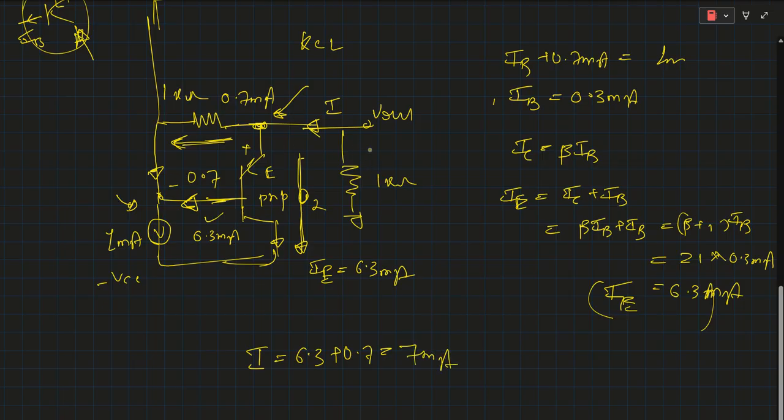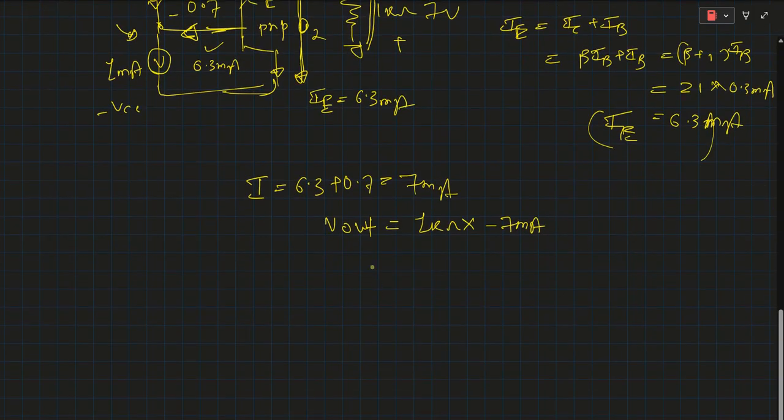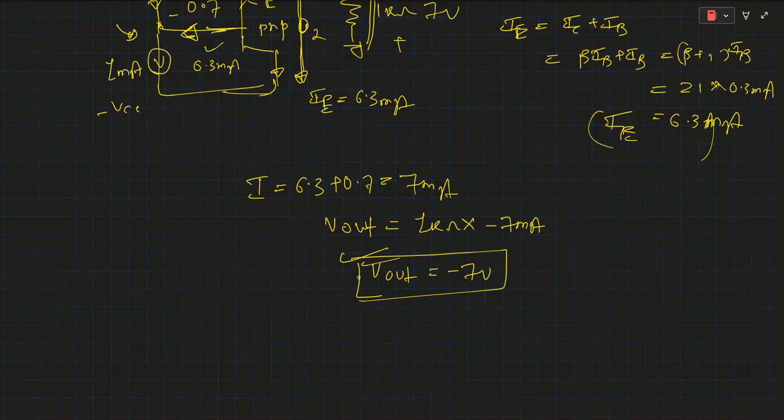This current flows through this branch and creates a voltage drop of 7 volt. So Vout is 1 kilo ohm multiplied by minus 7 milliampere, which gives Vout equals minus 7 volt. So this is our final solution. Hope you like it.